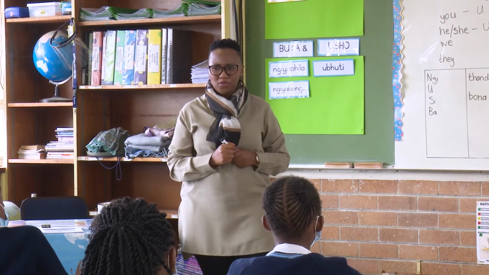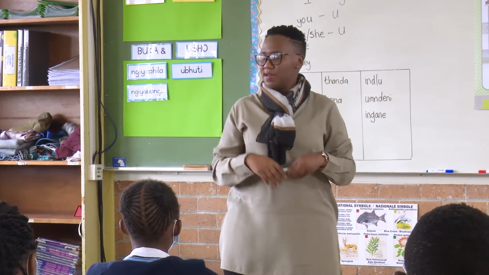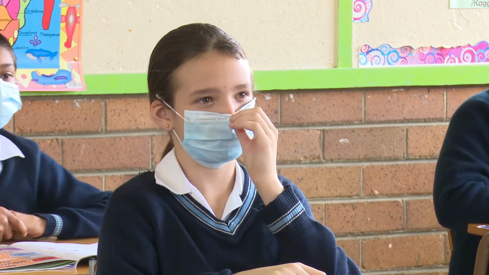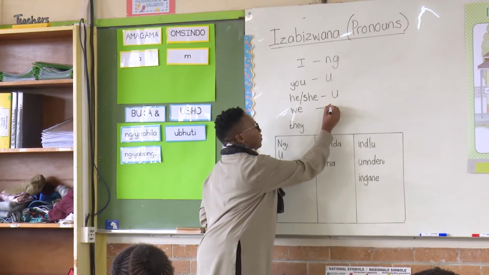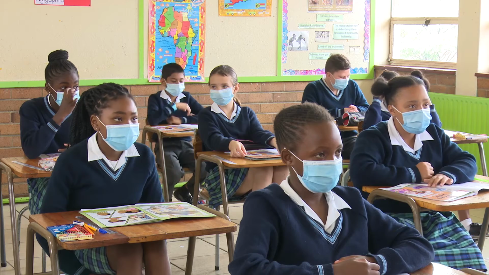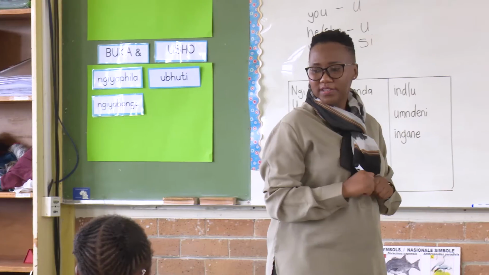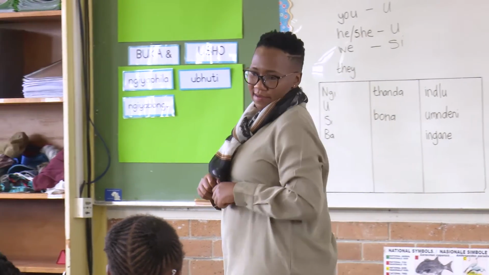And we, so when I say sanibonani bantwana ninjani, what do you say, Caitlin? Si. Si, siyaphila, we are fine. Okay, so we is si. Okay, so what about they? And that's something that we learned in our story. So it talked about this is the Xaba family.